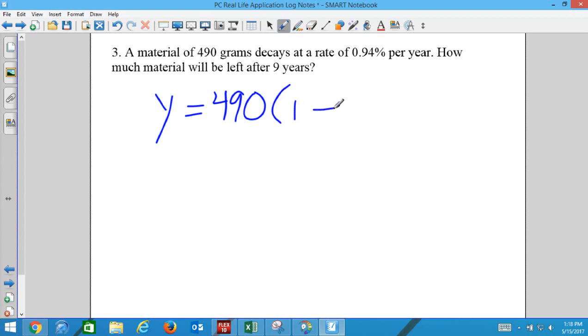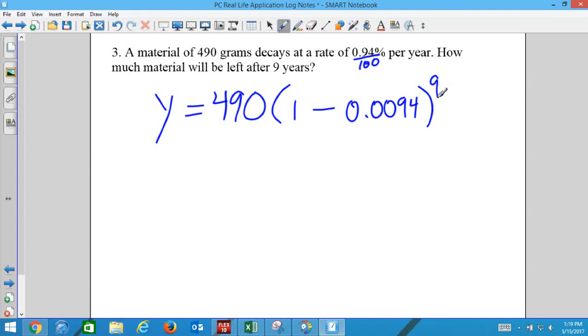So we're going to do minus, and then what number? So you have to take that 0.94% and divide it by 100 to find the decimal that goes there. And then that is going to be to the time, which they tell us 9. And then you can type that in your calculator to get it.